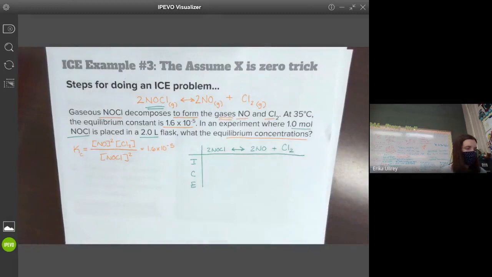So the first thing we need to do is fill out our initial line, like what do we have initially? So Connor, what's going to go on my I line? What do I have initially? What did you say? Yeah, so what's going to go on my I line? What do I have initially in this problem?